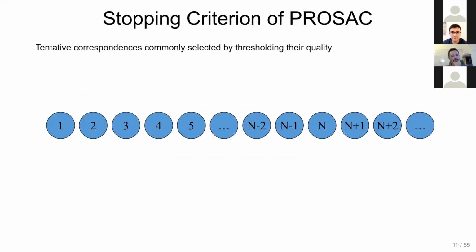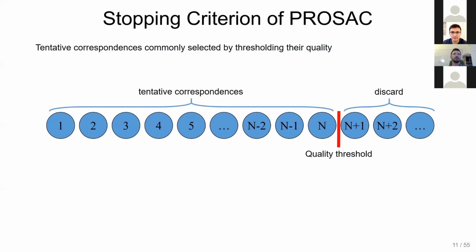So this was how we can exploit the quality in RANSAC in the sampling stage. But perhaps we might exploit it even in the termination criteria. Because how are the tentative correspondences created? You do pairwise matching, and then you threshold the quality somewhere, and you take tentative correspondences and you discard the rest.